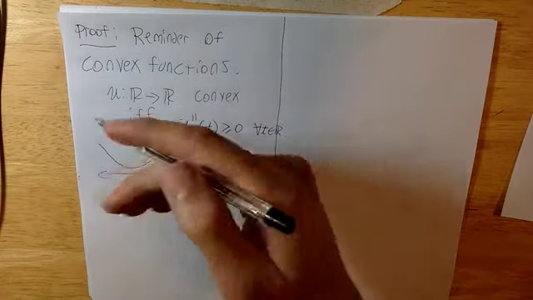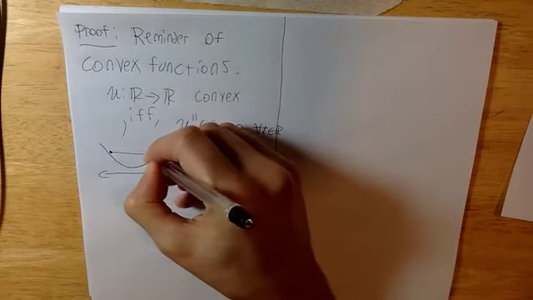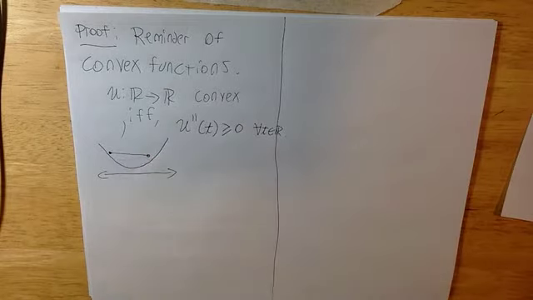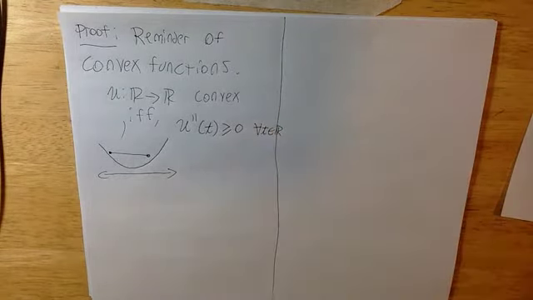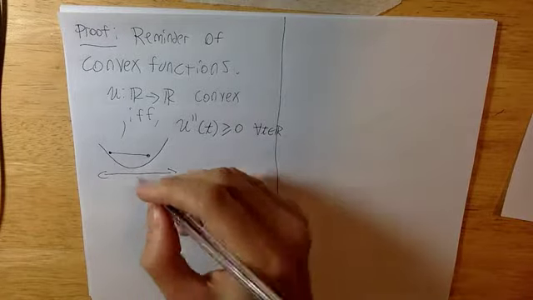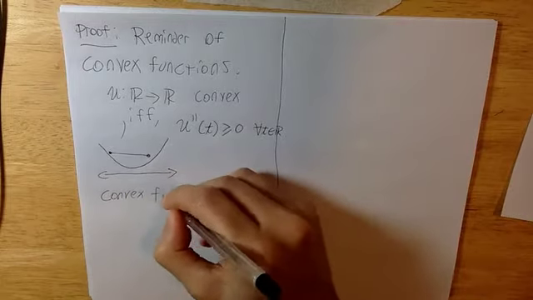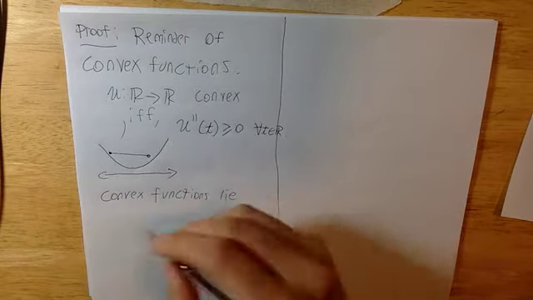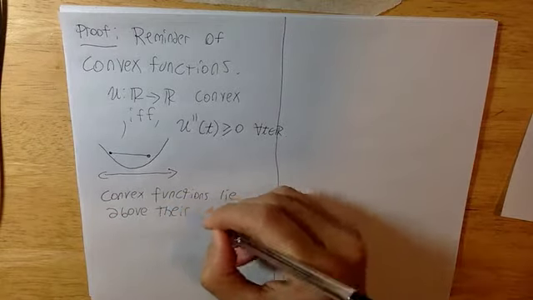Okay, so another way of looking at convexity is that the upper level set is a convex set, so you can connect it by lines. All right, but one of the main properties of convex functions is that convex functions lie above their tangent lines.